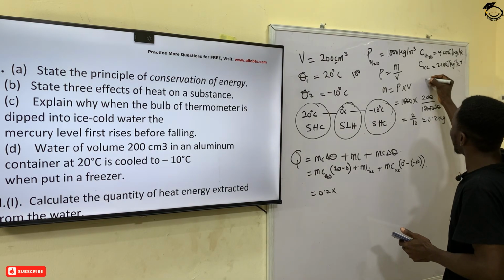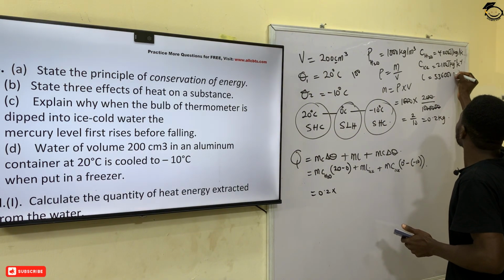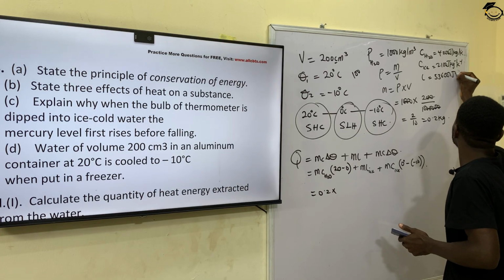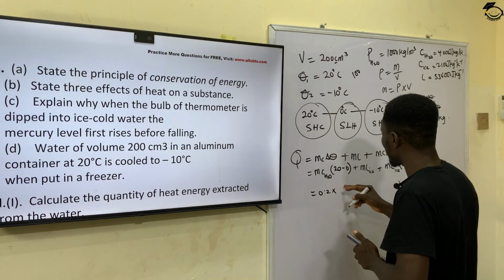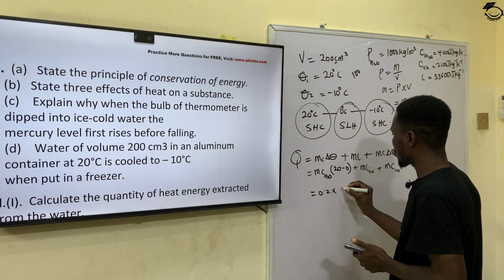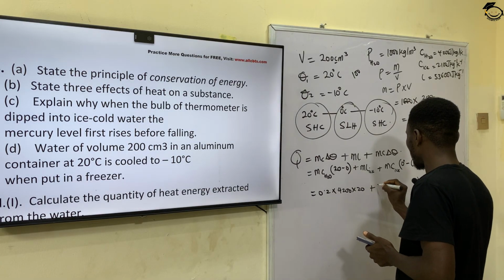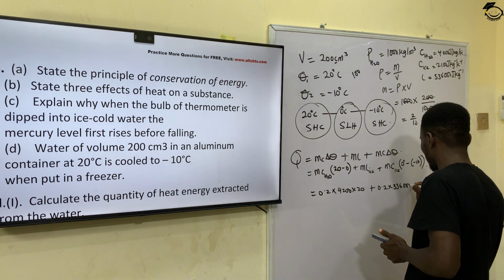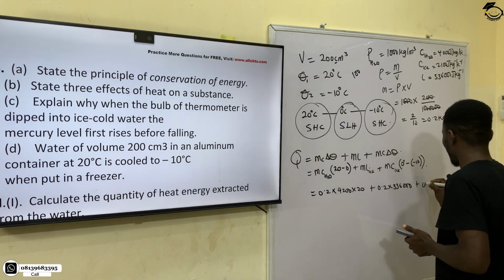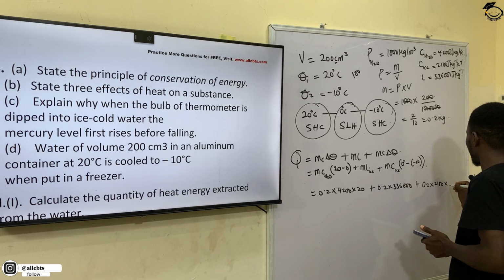And then the specific latent heat of ice here is 336,000 joules per kilogram. So with these values, I will then input my values. So this will give me 0.2 times 4,200 times 20 plus 0.2 times 336,000 plus 0.2 times 2,100 times 10.